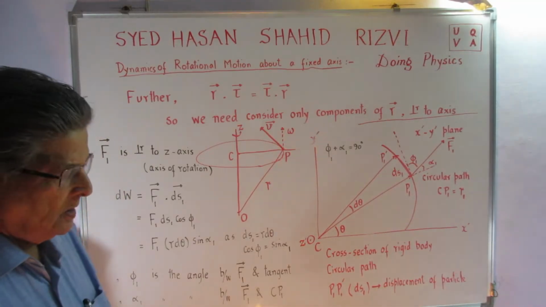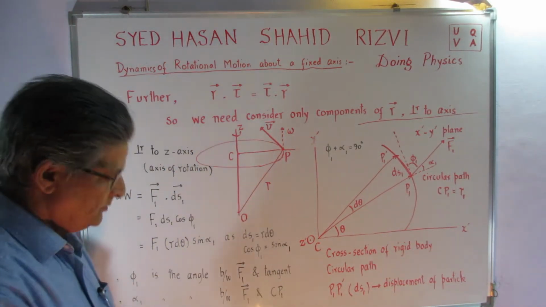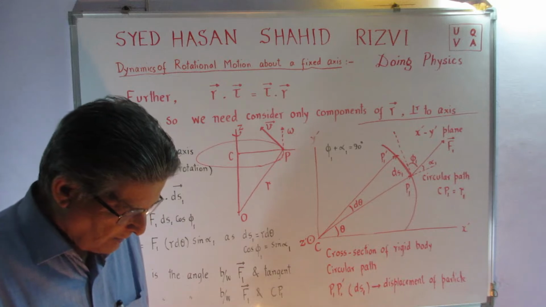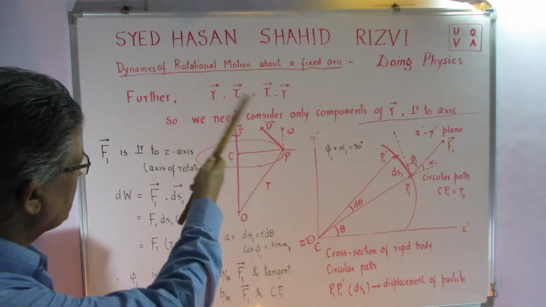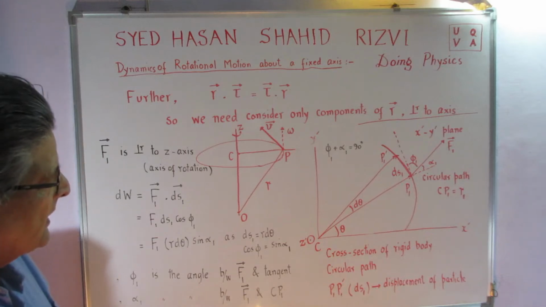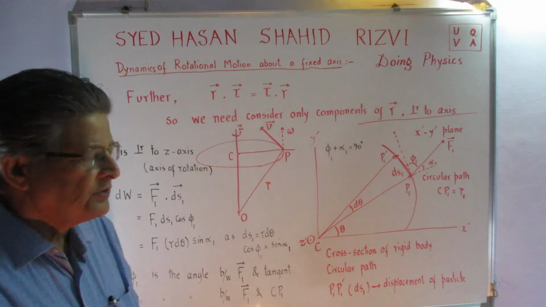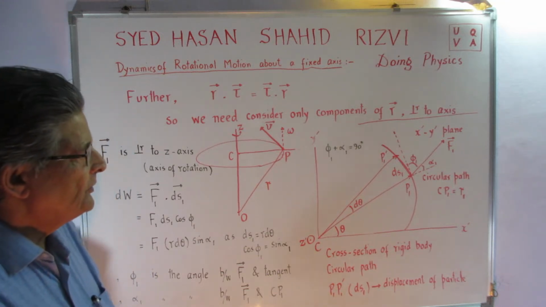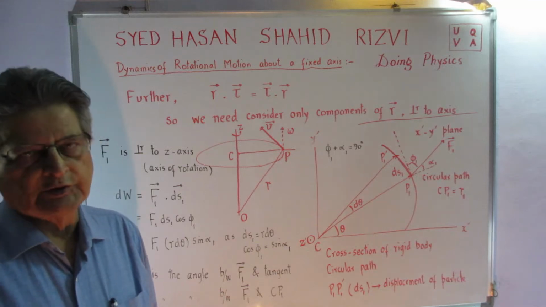So we must realize that the dot product of R with torque or torque with R are equal, and therefore we need consider only components of R perpendicular to the axis.